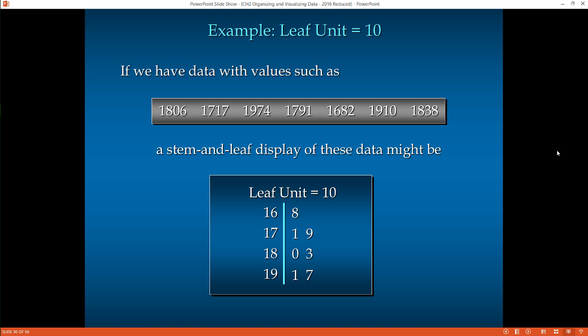I lopped off the decimal, right? And that's what's happening here. It's being truncated. So this is 168 here. Or since the leaf unit is 10, we need to add a 0 to each of these when we read it. So this is 1,680. Right? That's this value. I lopped off the 2, so we lose some information when you have that.